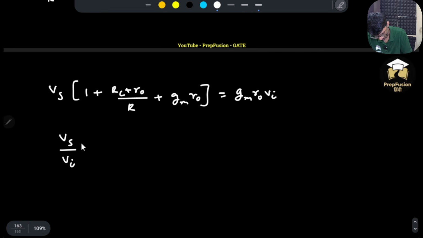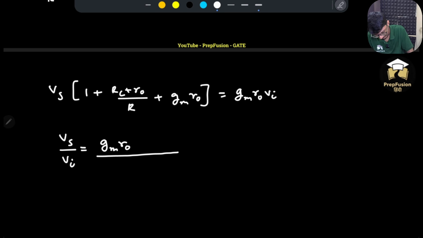So Vs over Vi will be equal to GM Ro divided by this.